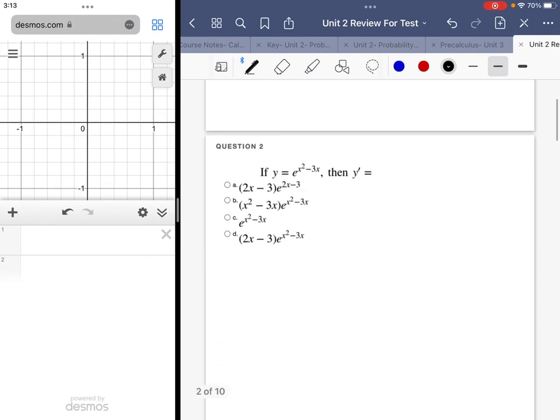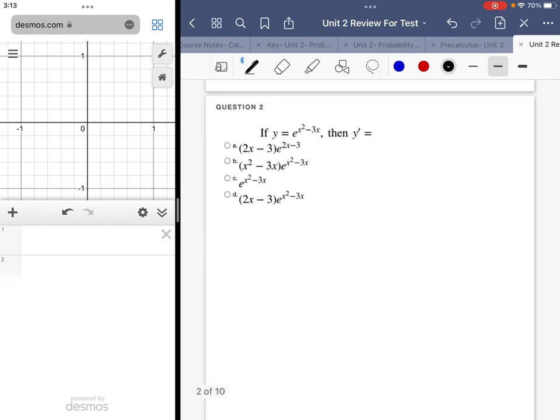All right, number 2, we're taking the derivative of an exponential function. d/dx of e to the u is e to the u times du/dx, or u prime, either way. Regardless, it's the derivative of whatever the exponent is.